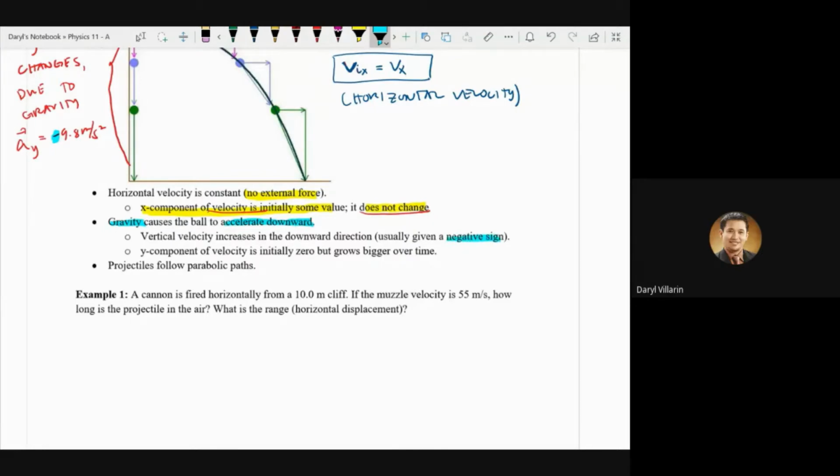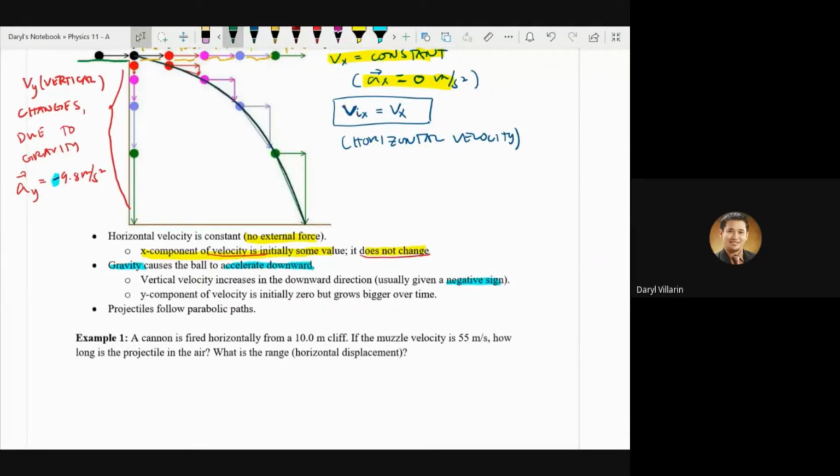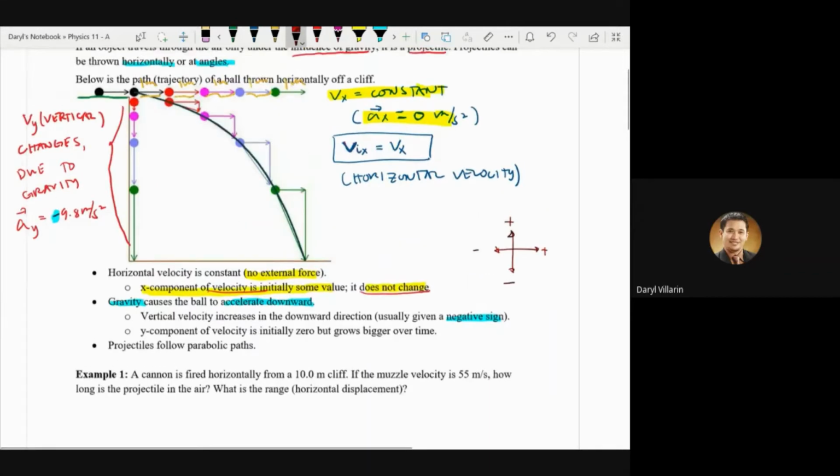Again, in our case, we use the Cartesian coordinate system of going up as positive, downward as negative, and positive to the right. Using this convention, our acceleration would always be negative. So for projectile motion, we also use negative 9.8. And remember that if it is horizontally launched, you have ay and ax, but ax is 0.